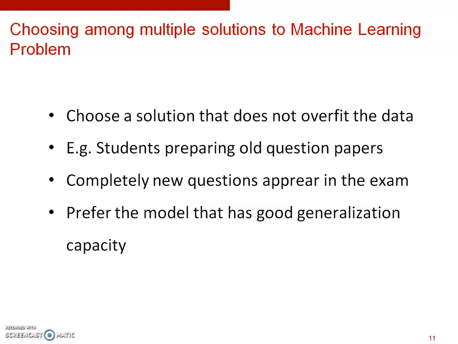In the exam, a completely new set of questions from the same syllabus appears. Then the performance of the students will be poor. That is what is called overfitting. A model which performs very well on the training data, but whose performance is poor on new data, is said to be an overfitted model. So we have to avoid such models. We should always prefer models which have good generalization capacity.